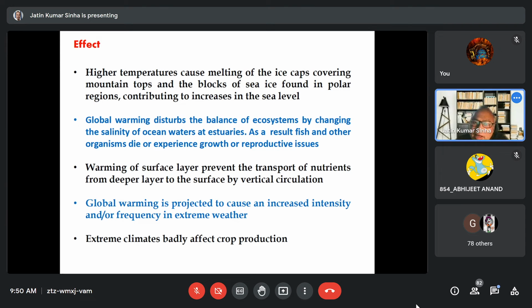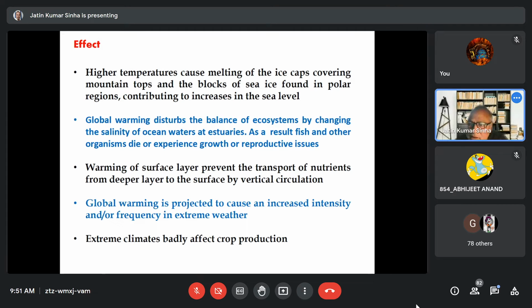But if it starts earlier or later, agricultural activities will be affected, because farmers in India mostly depend on the monsoon. So this irregular weather pattern is going to affect our crop production.